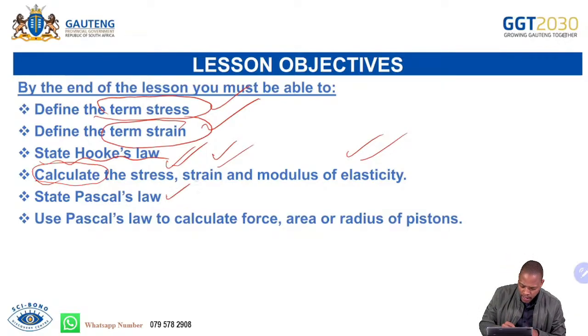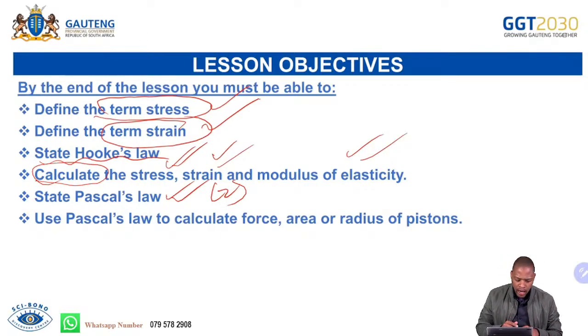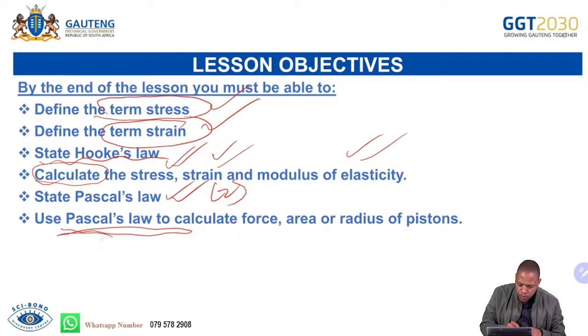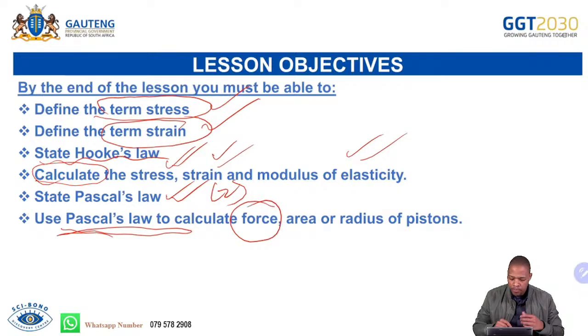Then by the end of the lesson, I want you to be able to state Pascal's law, one of the laws favored by the examiner. The examiner usually asks this law, and I want you to take those 2 marks. After stating Pascal's law, I want you to be able to use it to do calculations involving force, whether it be force 1 or force 2.